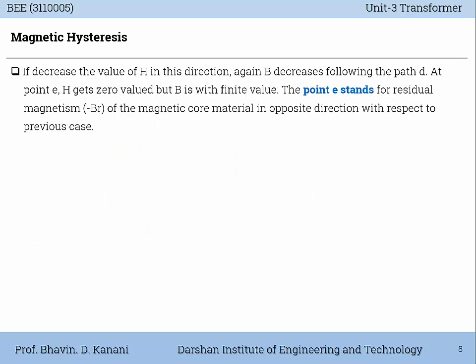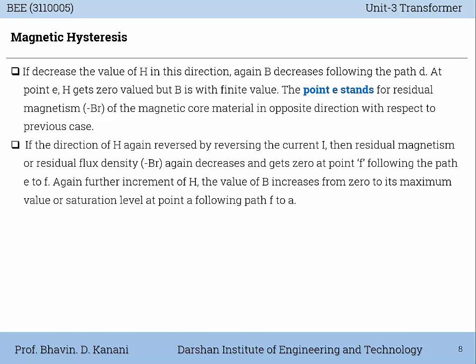If we decrease the value of magnetizing force H in this direction, again flux density B decreases following the path D to E. At point E, magnetizing force H gets zero, but flux density B has a finite value. The point E stands for residual magnetism of the magnetic core material in the opposite direction with respect to the previous case.